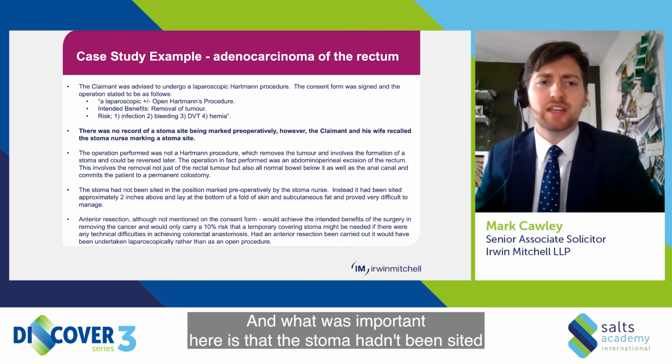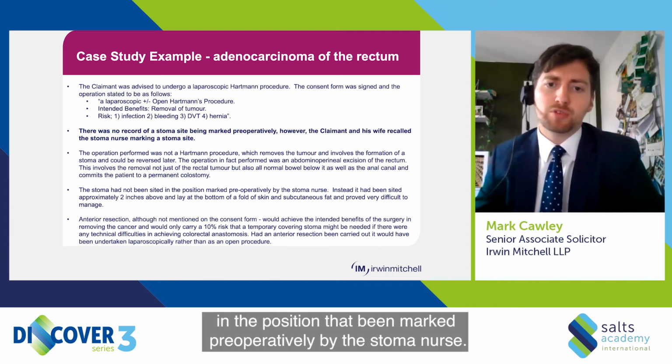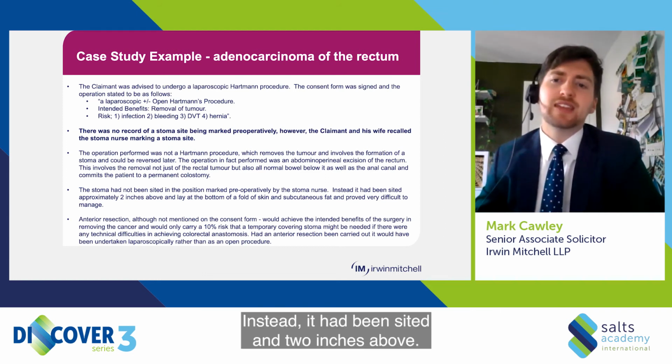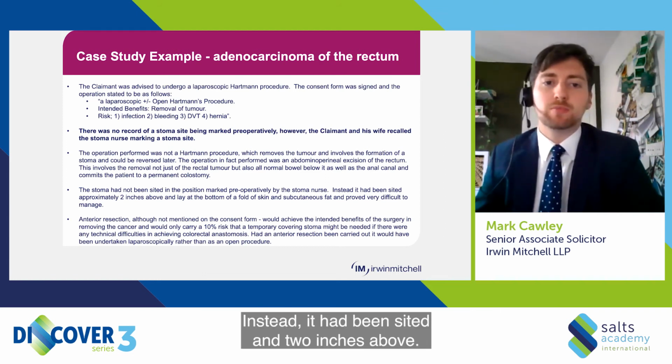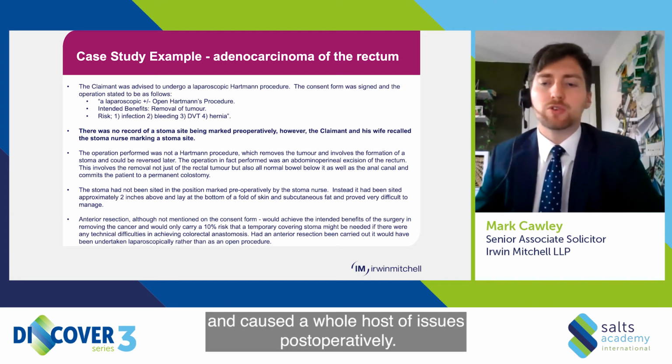And what was important here is that the stoma hadn't been sited in the position that had been marked preoperatively by the stoma nurse. Instead, it had been sited 2 inches above. And because of that, it wasn't in an ideal position and caused a whole host of issues post-operatively.